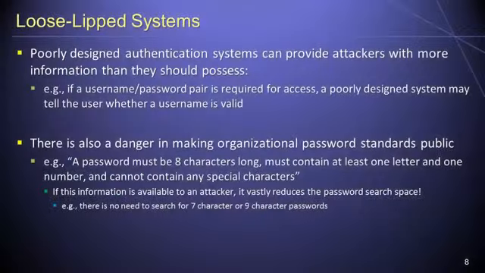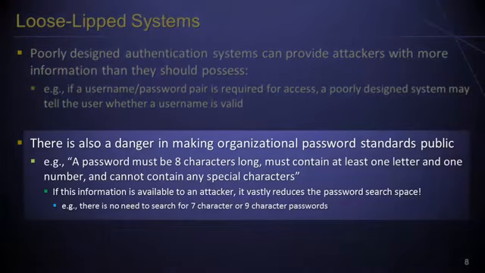Another example of a security mistake with respect to these authentication systems is for an organization to make its password standards publicly available. For example, imagine that an organization has a policy in which a password must be 8 characters long, must contain at least 1 letter and 1 number, and cannot contain any special characters.